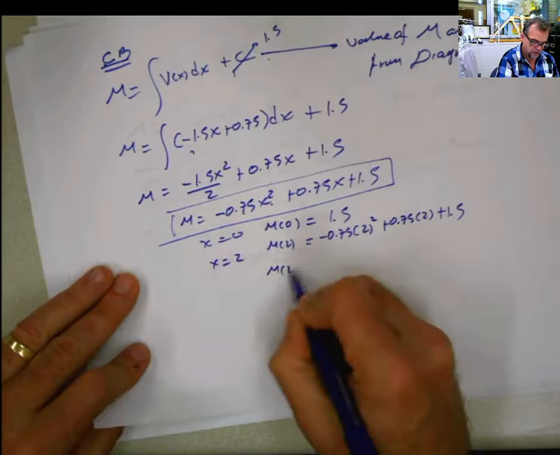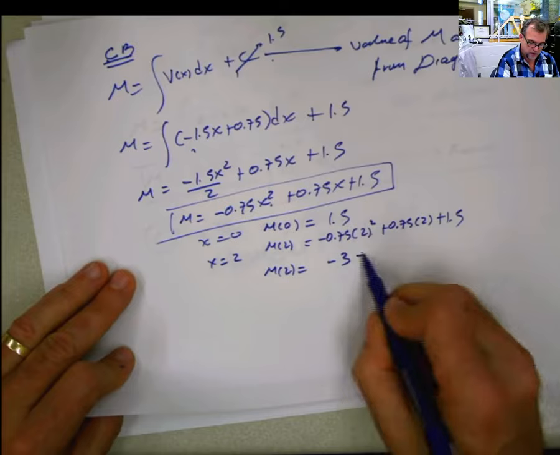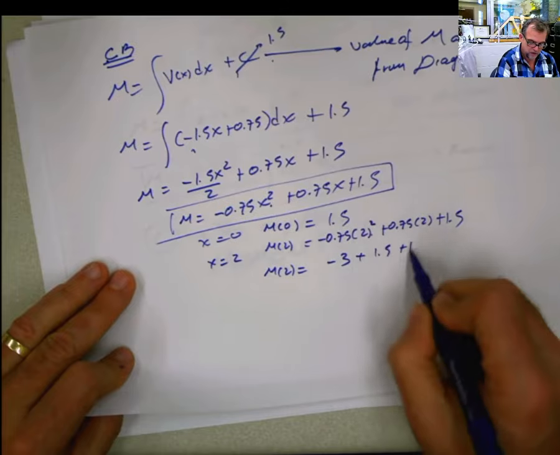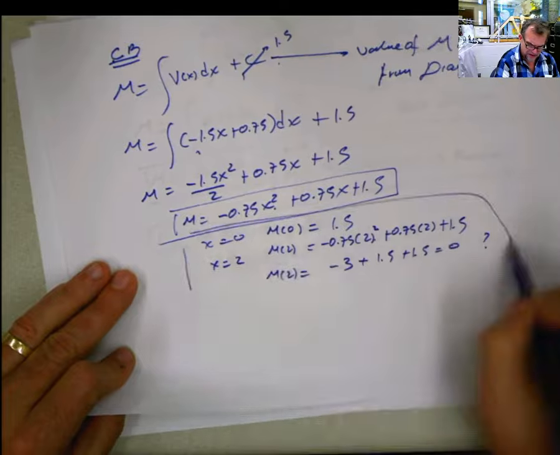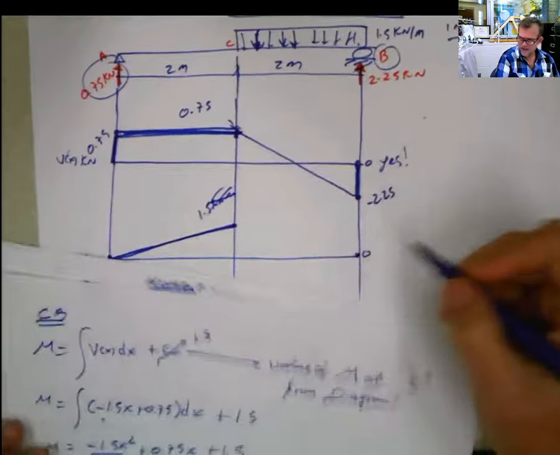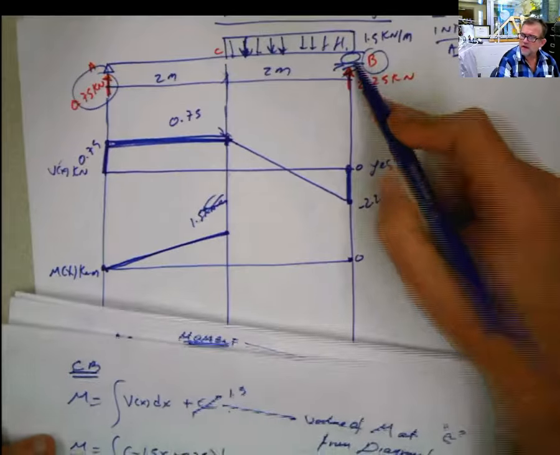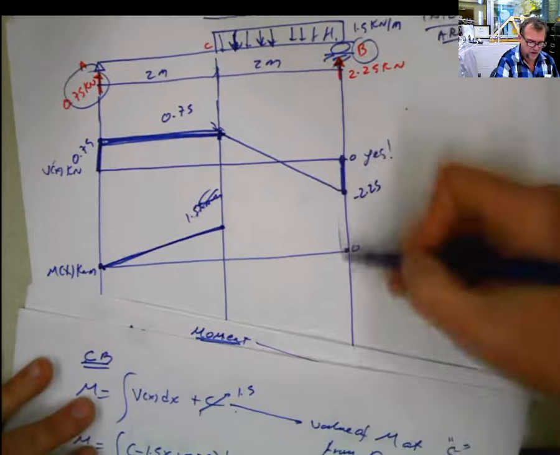Moment of 2 is negative 3 plus 1.5 plus 1.5 equals 0. Zero? Does that make any sense? Of course it makes sense, because this point is a roller. There's no concentrated moment here that pushes away from 0, so the equation has to bring it to 0.